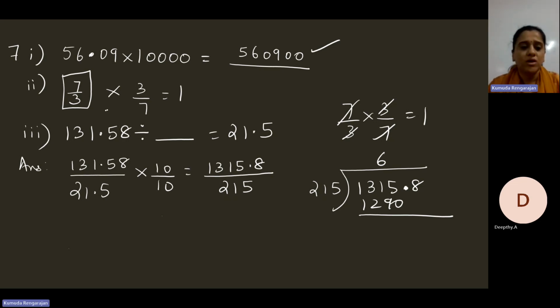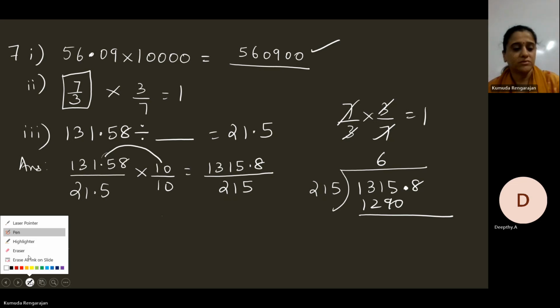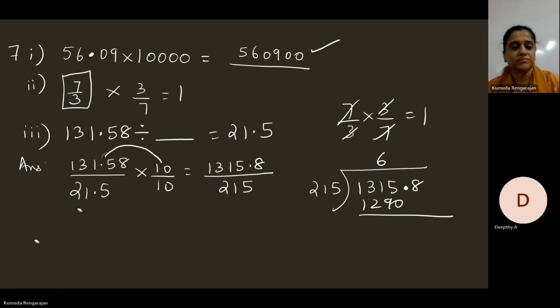So what happens when you multiply this number by 10? The decimal point is shifted here, right? So it will be 1315.8 divided by the denominator, 21.5 into 10, which is 215. The numerator can have the decimal point. The denominator should not have one, in order to divide.